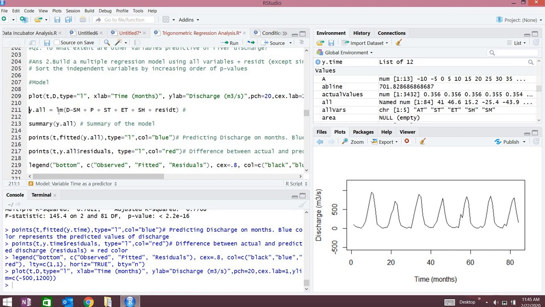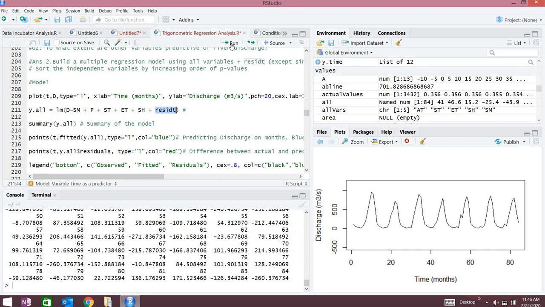So y dot all, so all variable space model equal lm linear model discharge delta soil moisture plus precipitation plus temperature plus ET, ET is evapotranspiration, plus specific humidity plus residual of time. We include it here. This represents the time itself. You don't deal now with cosine and sine of time, but the residual of the time based model.